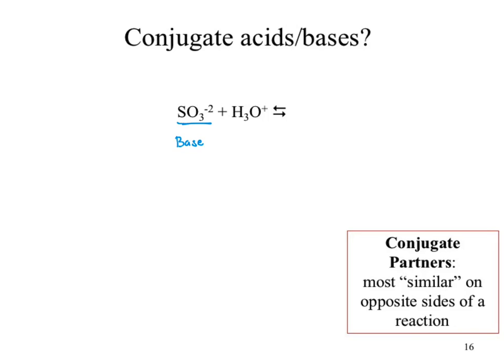It doesn't have hydrogen. Right? This is where our definitions can really come in handy when we're looking at acids and bases. Our definition for an acid meant it has to be able to donate hydrogen. Does SO3 minus 2 have hydrogen to donate? No. Which means it can't be an acid, it must be the base.